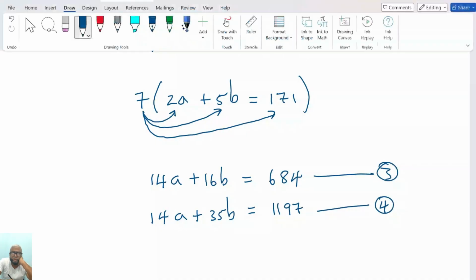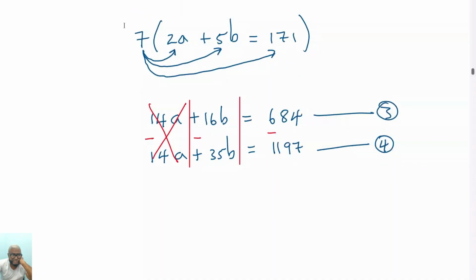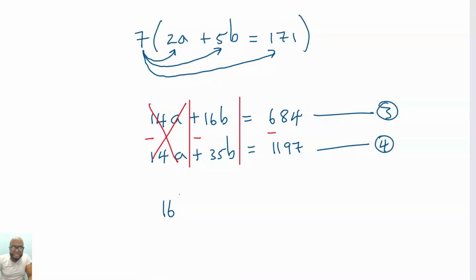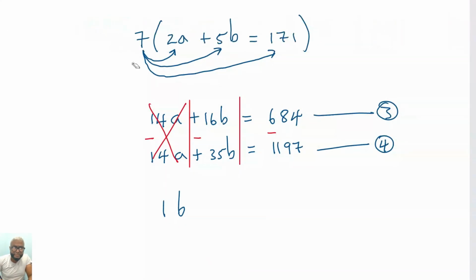So I'm going to subtract: 14A minus 14A, 16B minus 35B, and then 684 minus 1197. Now 14A minus 14A cancels, so that's why we call this the elimination method. So I put down the 16B.